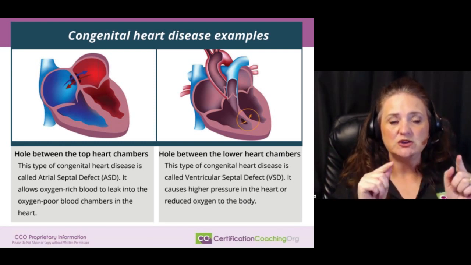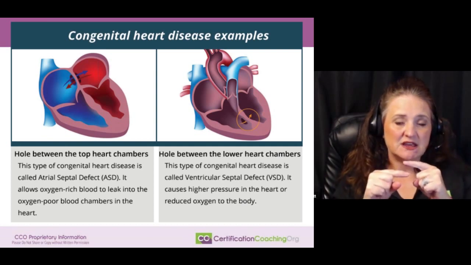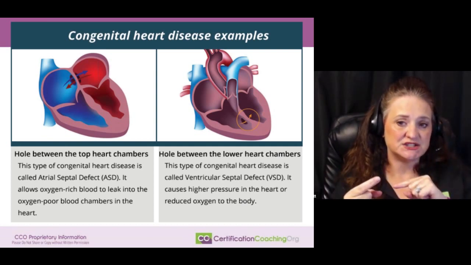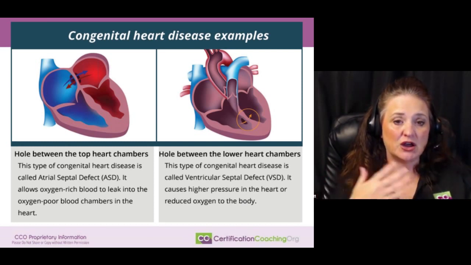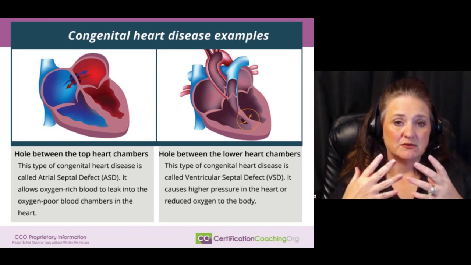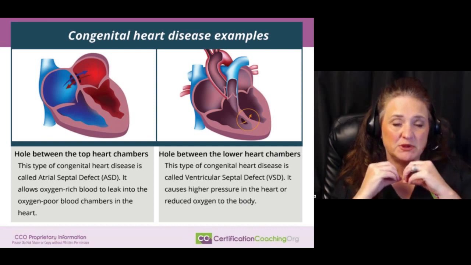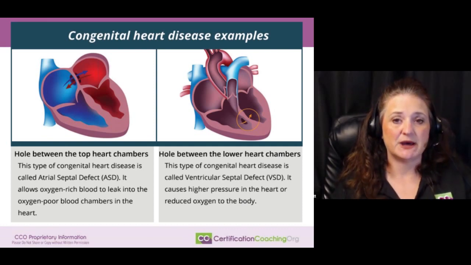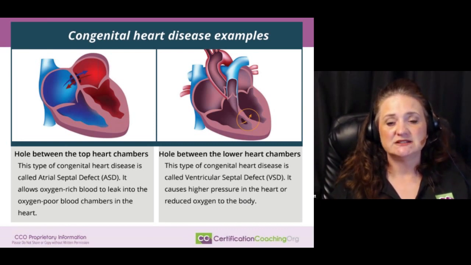Now, when you look at the atrium, what it does is it mixes the deoxygenated and the oxygenated blood. So that's a problem. Not only is it being ineffective, it's mixing the blood so that we're not getting oxygenated blood out to the rest of the body. Right, it's seeping through.